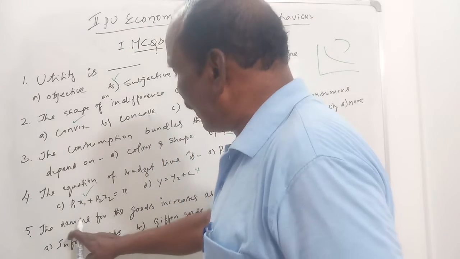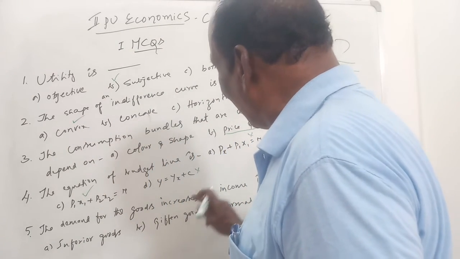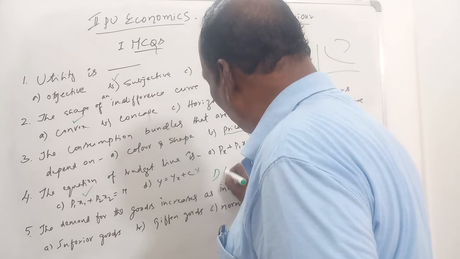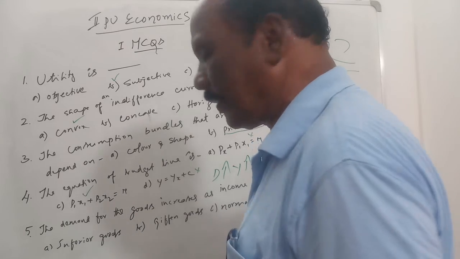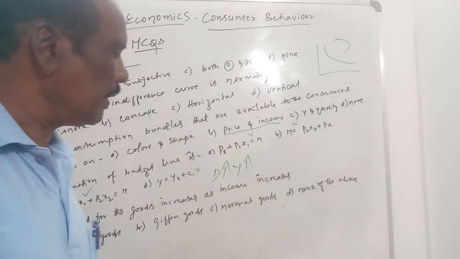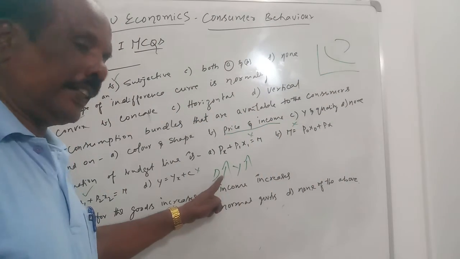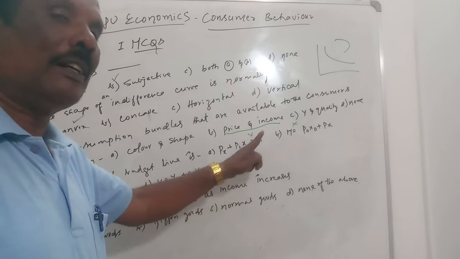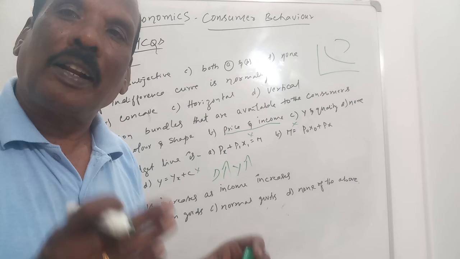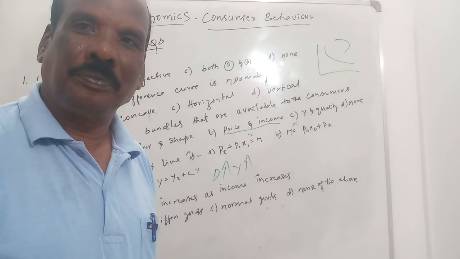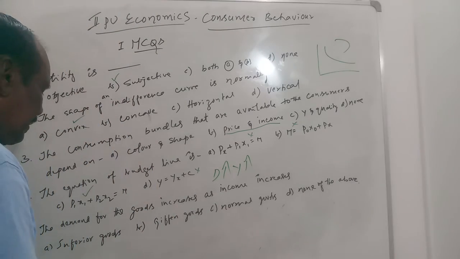Here you see the demand for goods increases as the income increases. And such goods are called normal goods. So what you have to write?